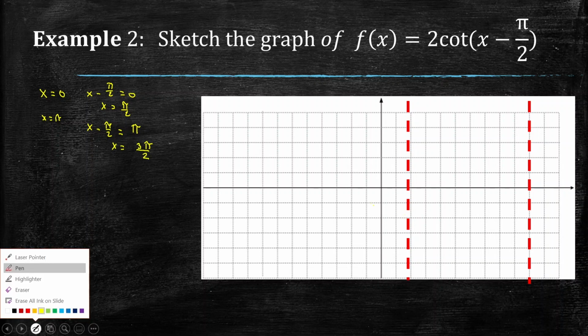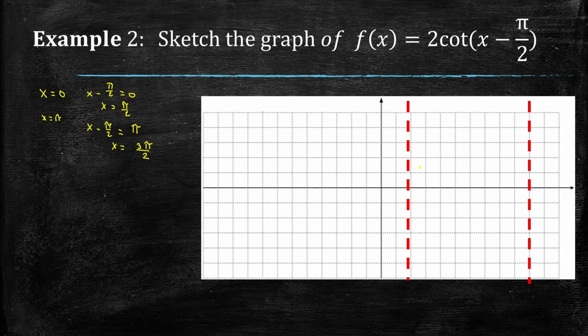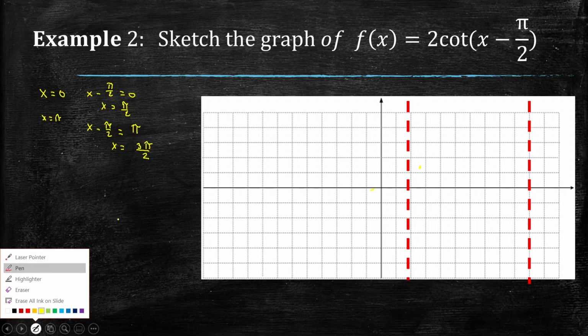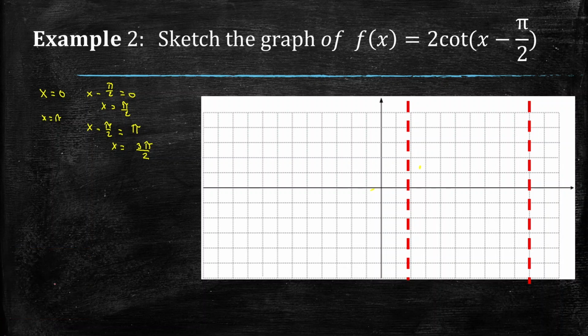This is pi over 2. So right here, I'm at pi over 2. And this is 3 pi over 2. So my midline point between these two is going to be pi.